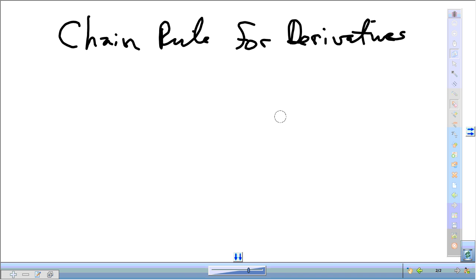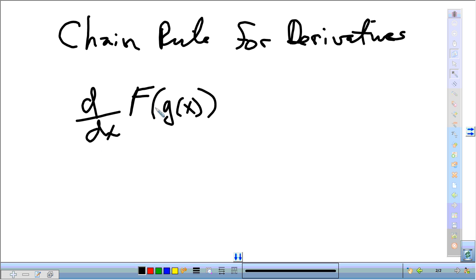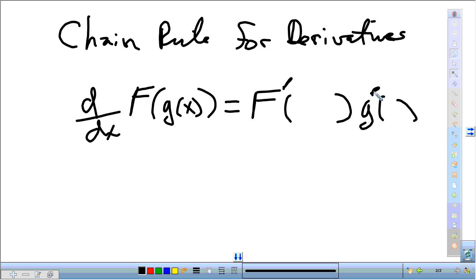So I'll go back. We have different rules for derivative, but we had a chain rule which said if we started with a composition and did the derivative, so find the derivative of f of g of x in terms of x, then we ended up with the product of the two derivatives. So capital F prime times g prime.